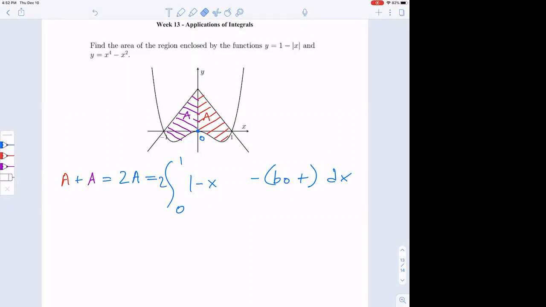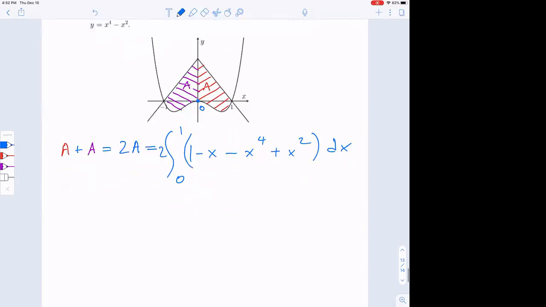And then the bottom curve is the other one, so we'll subtract that one away. So minus x to the power 4 plus x squared.